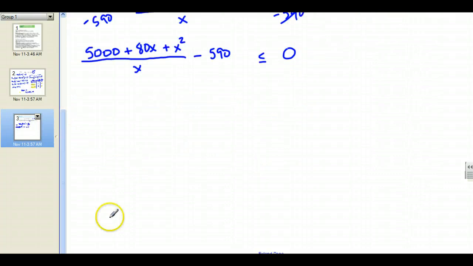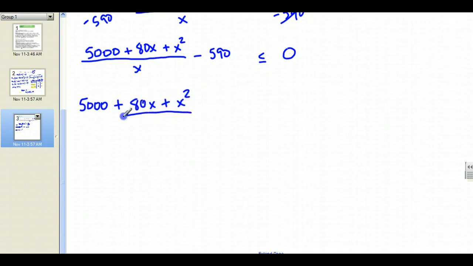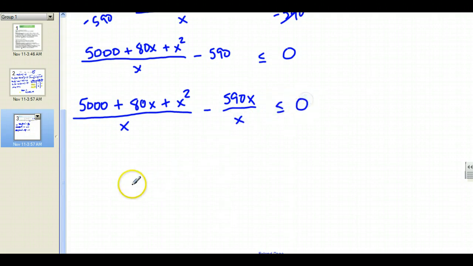The common denominator obviously is going to be x because there's no other denominator. So there's what was already there. We're going to subtract, and we're going to multiply top and bottom by x. That way we've got 5,000 plus, and now I can combine these two.